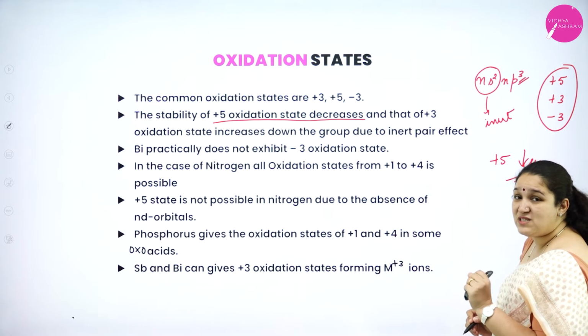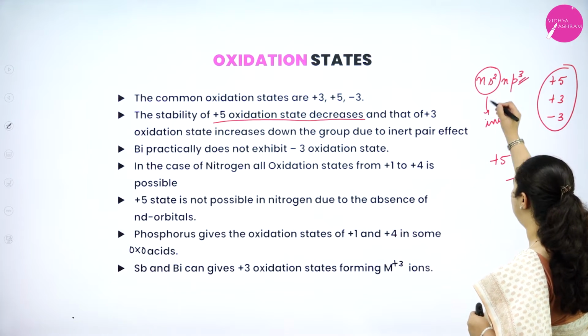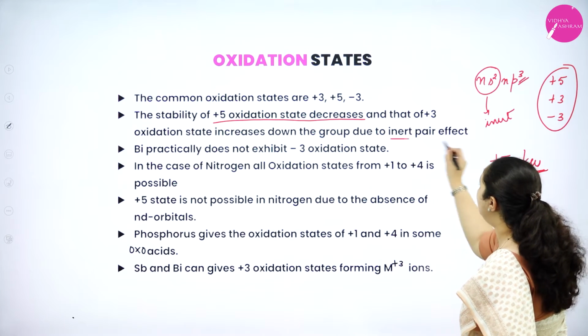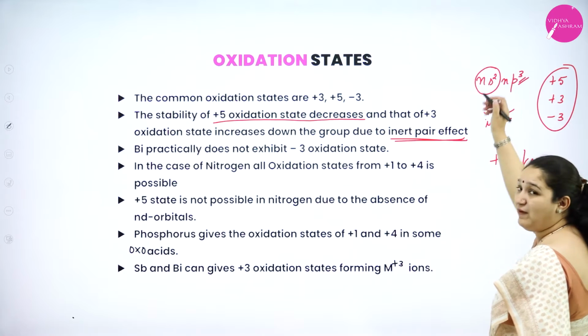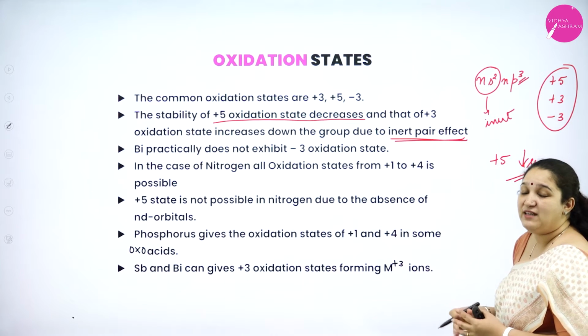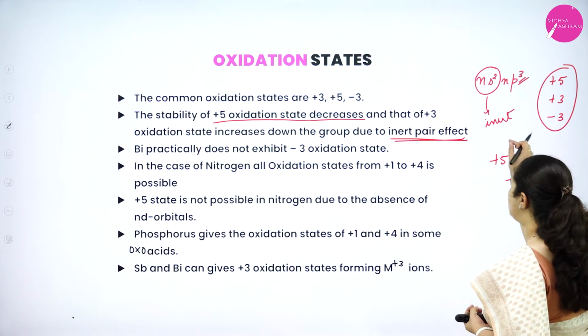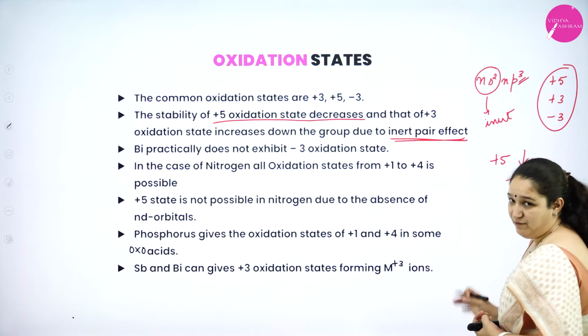And what is this called? That is the electrons becoming inert. It's called the inert pair effect. That means this pair of electrons has become inert and is not involved in any bond formation.